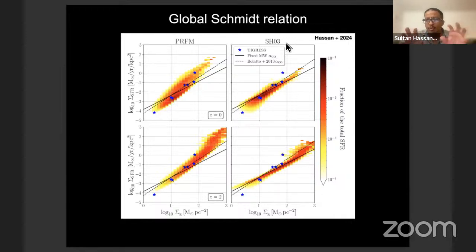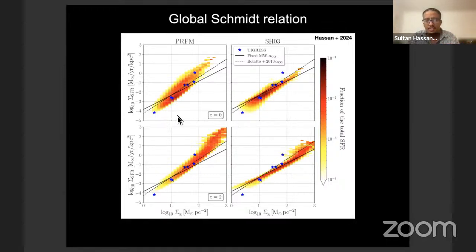What you see in the blue stars are coming from the ISM simulations, and the diagonal lines are coming from different observations, whether you account for molecular gas or not. And the color codes here come from the fraction of star formation: anything in dark color is the center of galaxies, anything in light colors is the outskirts. And what you see on the right, of course, the Springel and Hernquist is really tuned to this observation, so it reproduces it very nicely. But here is our prediction.